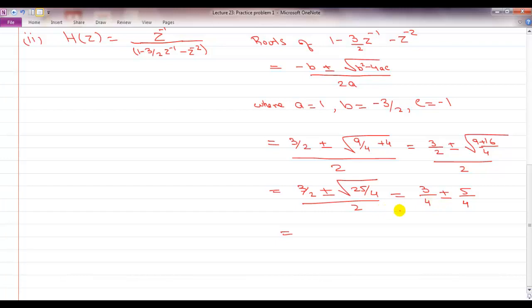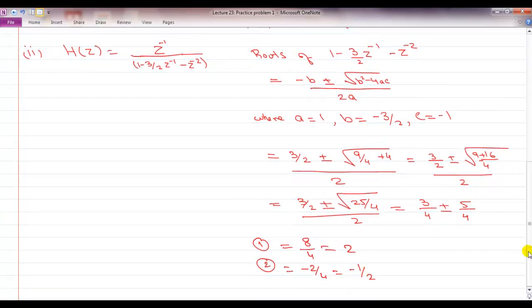It ends up being 3 by 4 plus minus 5 by 4. So 3 by 4 plus 5 by 4, that's 8 by 4, that's 2, is one root. And the second root is 3 by 4 minus 5 by 4, that's minus 2 by 4, that's minus 1 half. Again, something that you have done many times, just a revision.